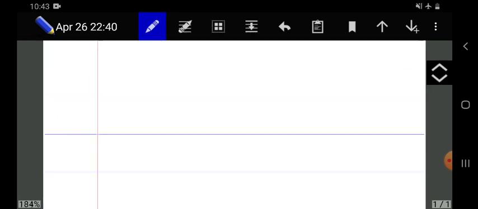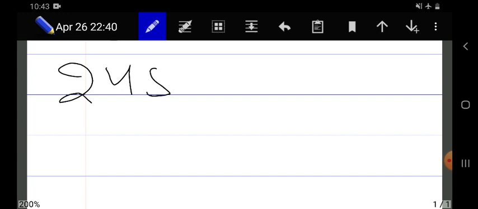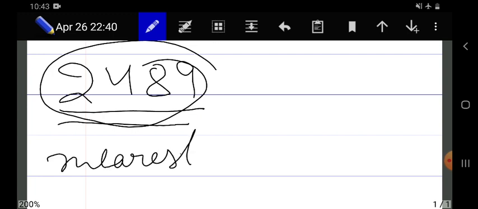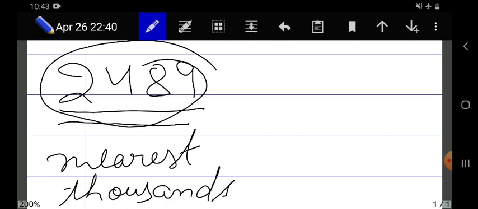Suppose you have the number 2489, and it is asked that you must estimate this number to the nearest thousand. So what will you do? You will easily estimate it by the procedure we are already following.